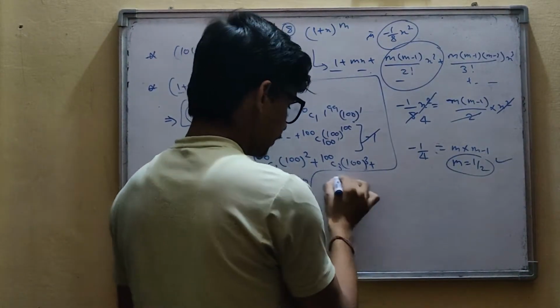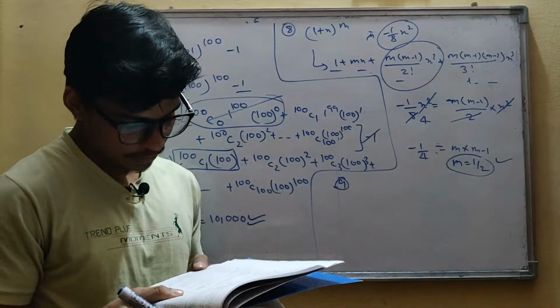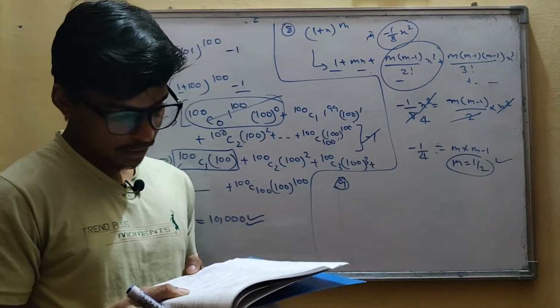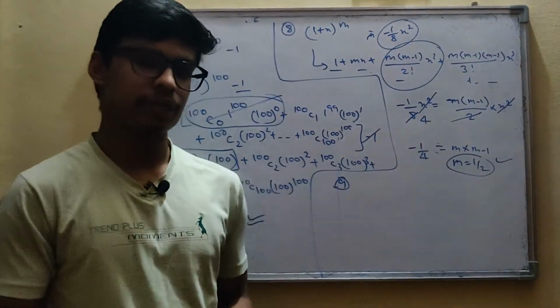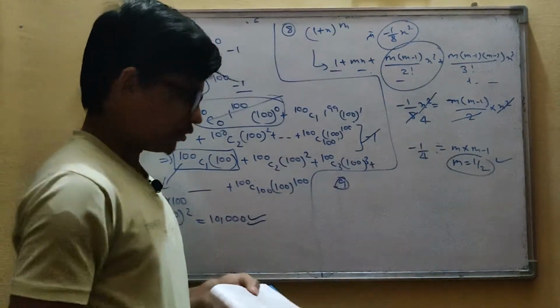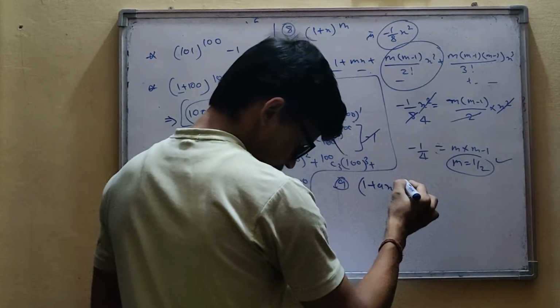Next is question number 9. The first three terms in the expansion of this, where n is not equal to 0, are given. Then find the values of a and n respectively. There is no indication that it could be rational or anything like that, so you have to expand it by the binomial approach. This can be written as (1 plus ax) to the power n.